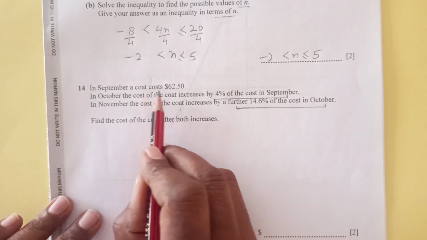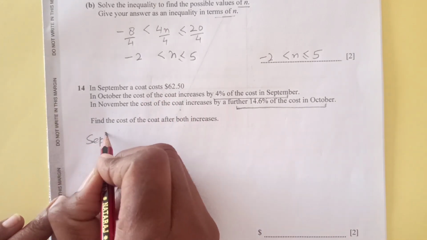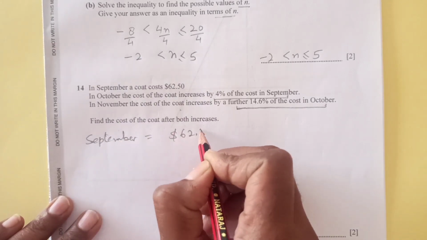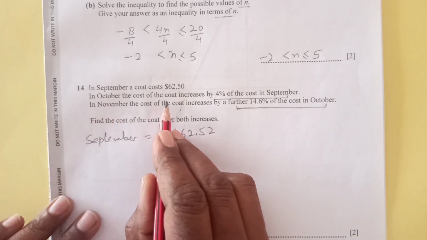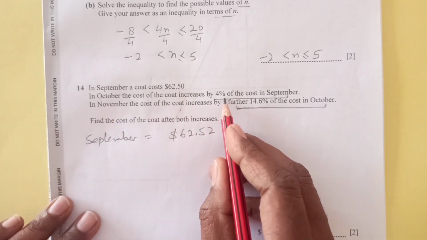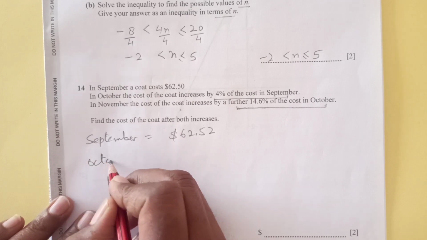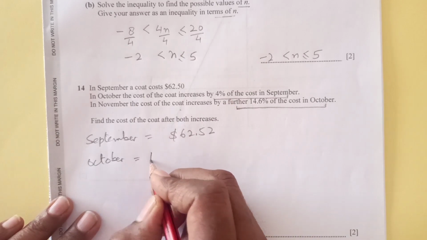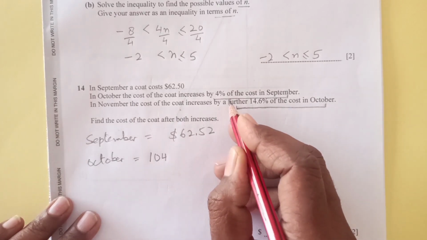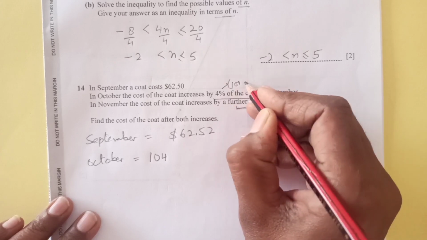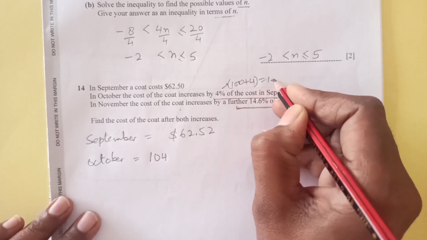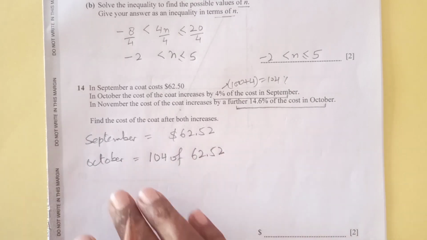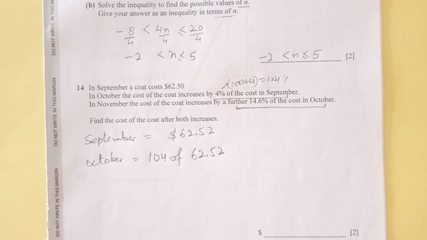So now see, the original cost in September is $62.50, right? In October the cost is increased by 4%. So a 4% increase is 100 plus 4, that is 104% of 62.50, right?